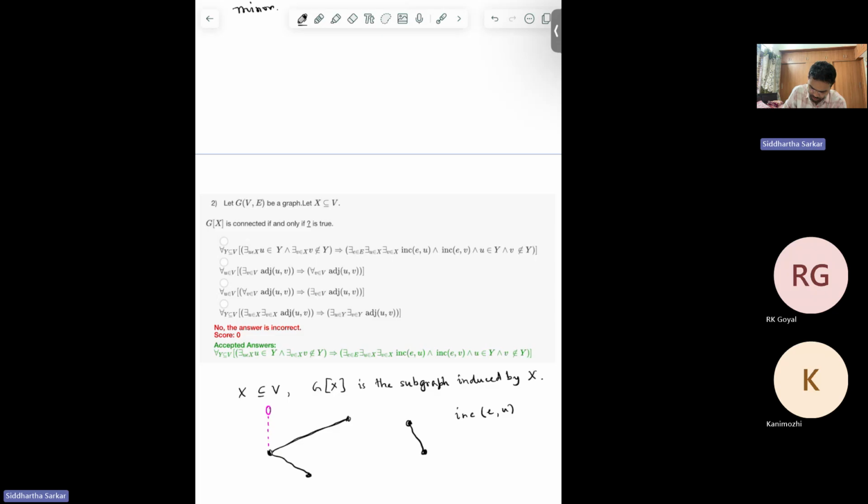INC E comma U means this is equivalent to saying that E is incident on U. So edge E is incident on vertex U. That is to say, U is one of the endpoints of E.